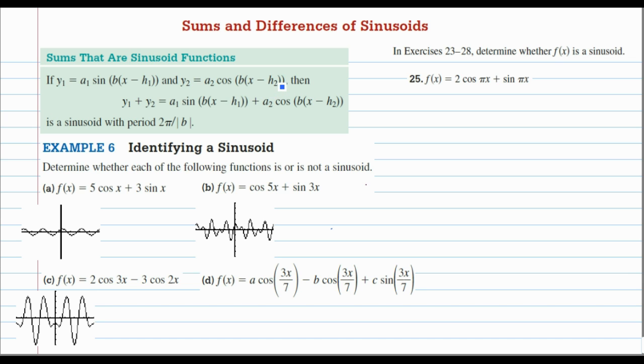So this green box in your book talks about the vertical stretch, horizontal stretch or shrink, and then horizontal shift left or right of each of the sine and the cosine graphs. If you notice, the sine vertical stretch or shrink and the cosine vertical stretch or shrink can be different. That's what A1, A2 means, or A sub 1, A sub 2.